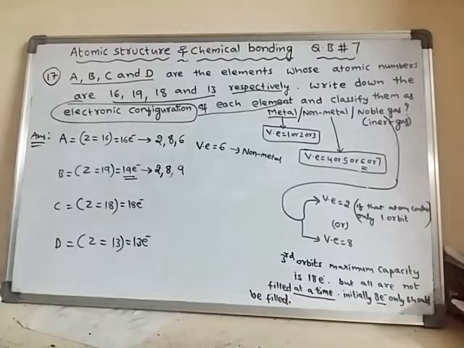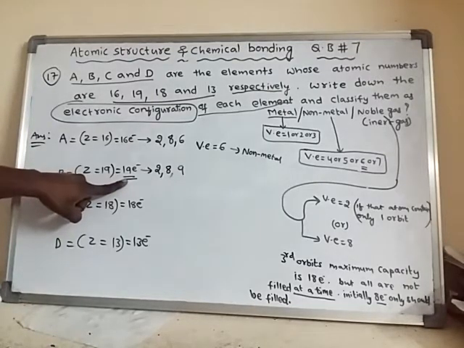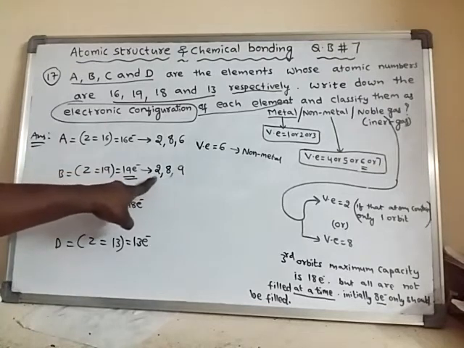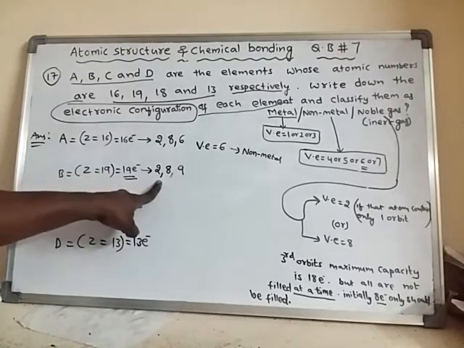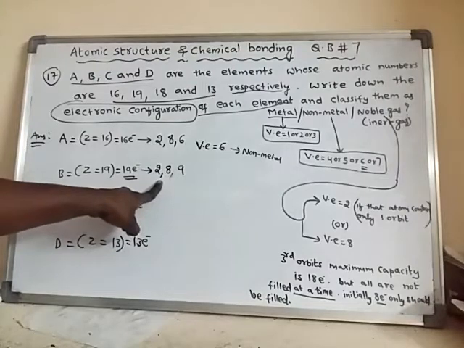Here in this case 19 electrons are there, so 10 electrons are filled in the first and second orbit together, and 9 electrons are left over.